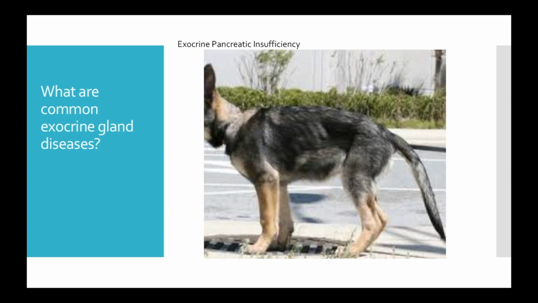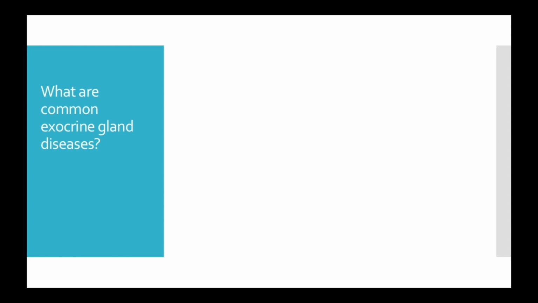So in this case of exocrine pancreatic insufficiency, it's really common in young German Shepherd dogs, and they just have really disgusting yellow bile-colored diarrhea. It smells horrifying, and they get really skinny. And what's happening is that their pancreas isn't able to produce those enzymes needed to break down the food product. So it just gets shifted through the intestines without fully being broken down and digested, and absorbed is the key.